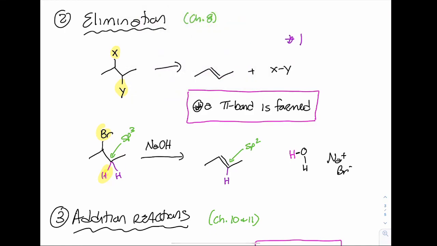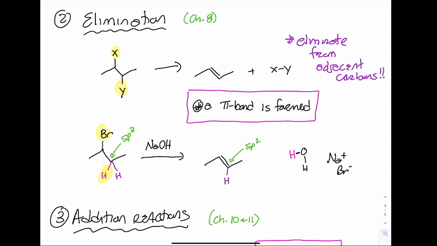So eliminates, remember that double bond is going to go between 2 carbons. So the things that I remove have to be on those 2 carbons that the double bond is going between. So we eliminate from adjacent carbons that are next to each other.